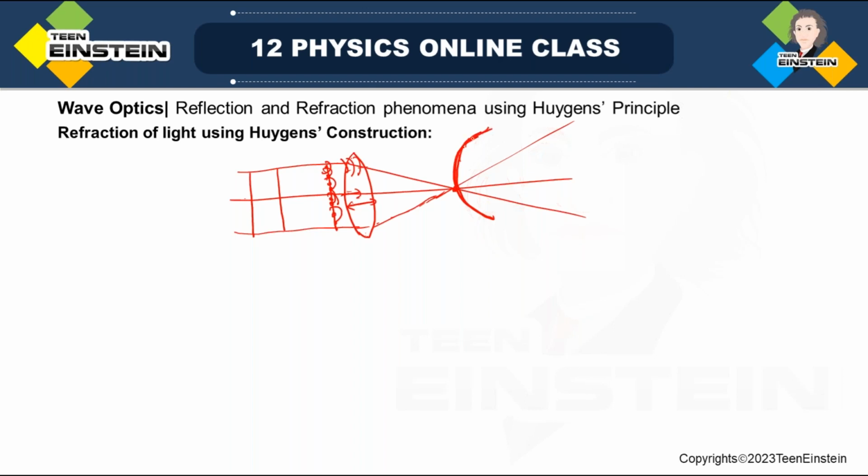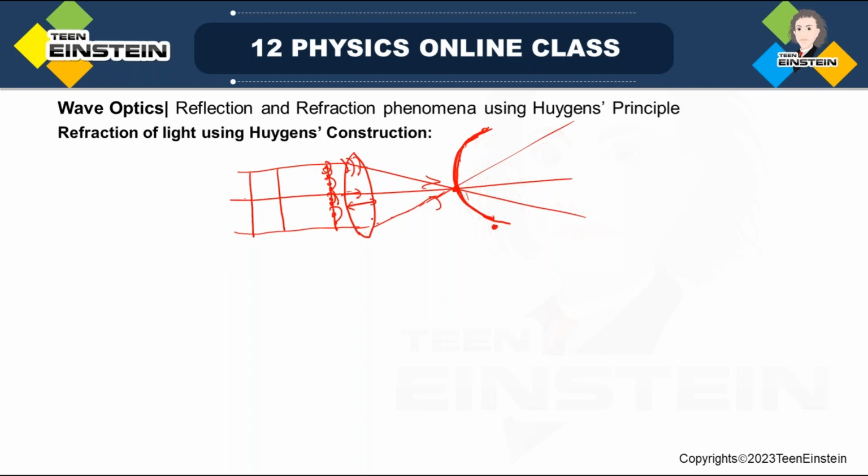By the time the wavefront passing through the middle point comes out here, the wavefronts passing through the edge will have passed through and also moved further. So this will be the wavefront. After passing through the lens, the plane wavefront becomes a curve, right? So that's why you can say the rays are converging here.